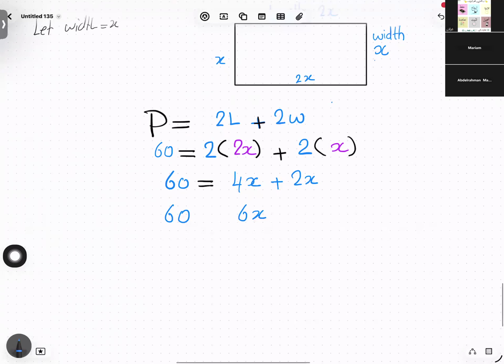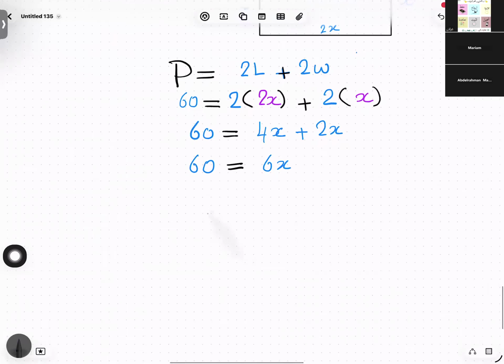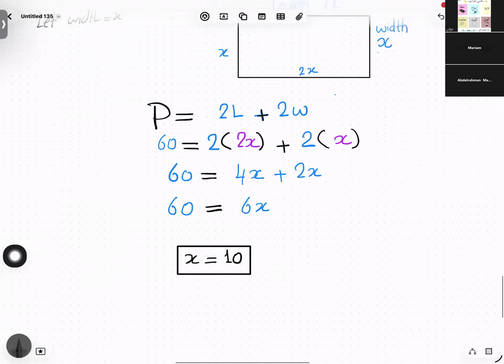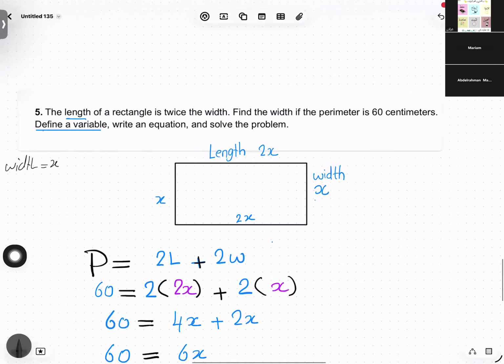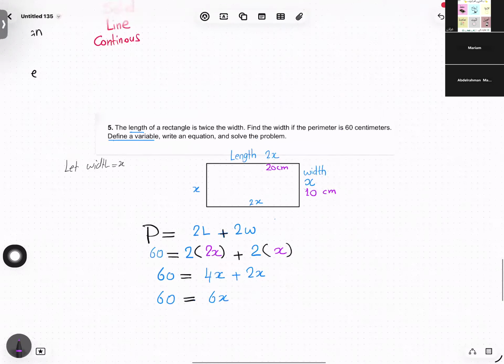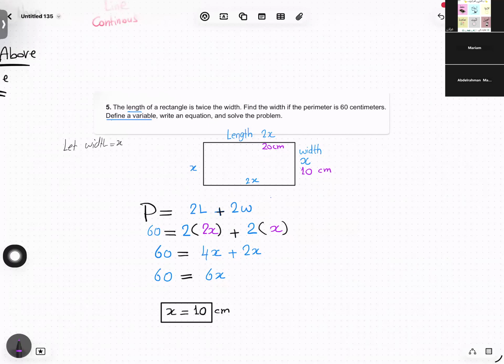Divide by 6 on both sides, x equals 10. x equals 10 centimeters, which means the width is 10 and the length is 20. Is that right? Okay, تمام.